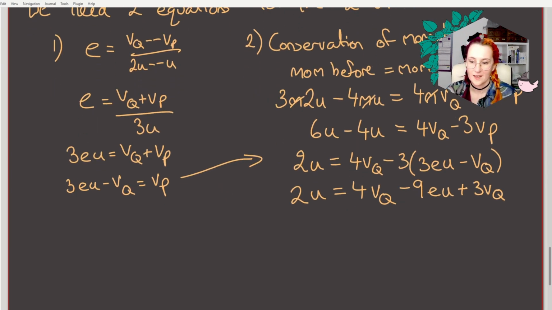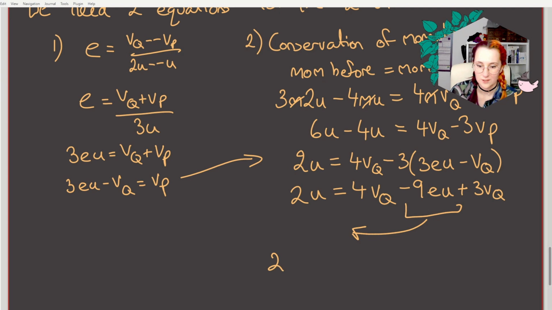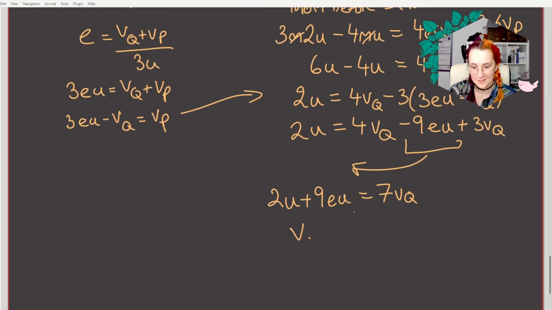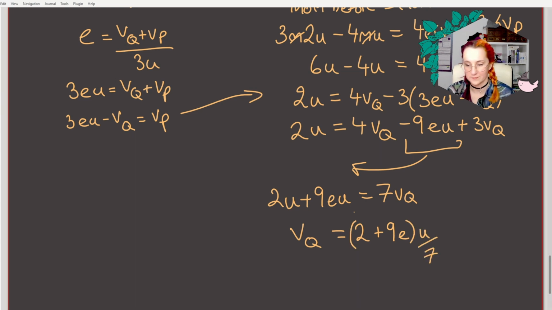Take that over to the other side. 2u plus 9eu is 7vq. And finally, that gets us the vq, so the speed of Q after collision is 2 plus 9e, u over 7. Ta-da!